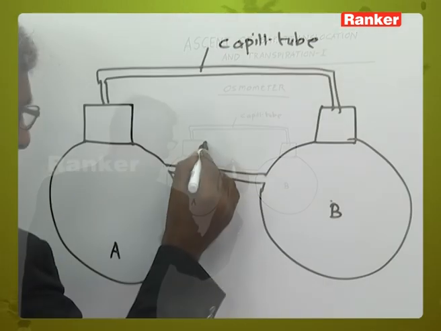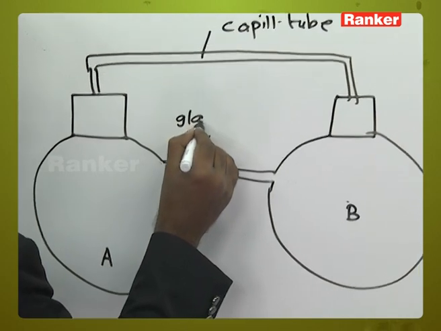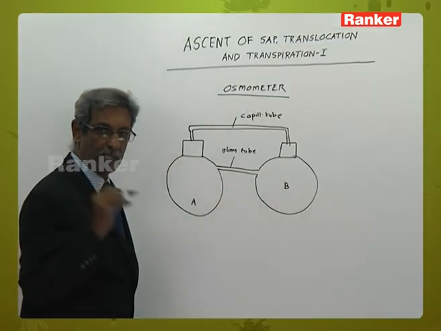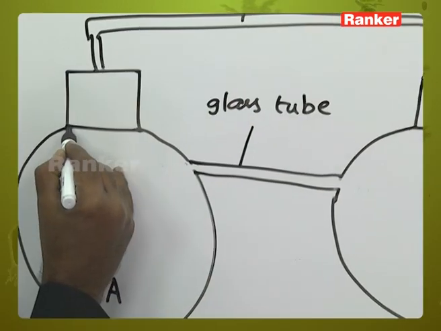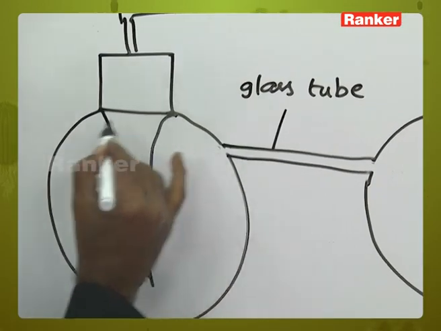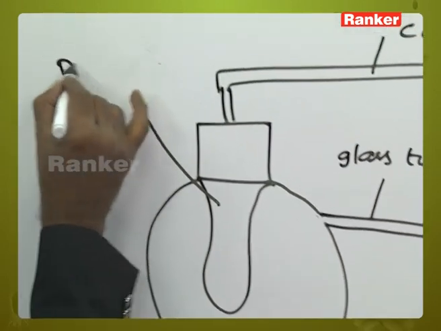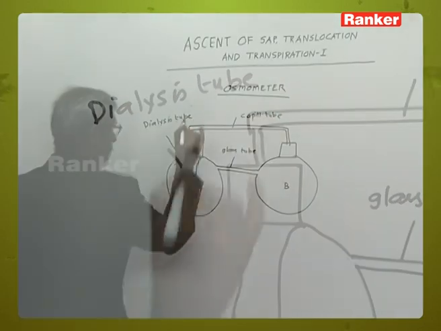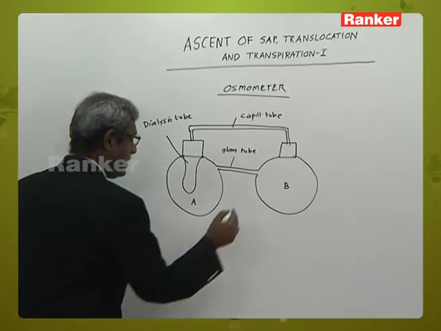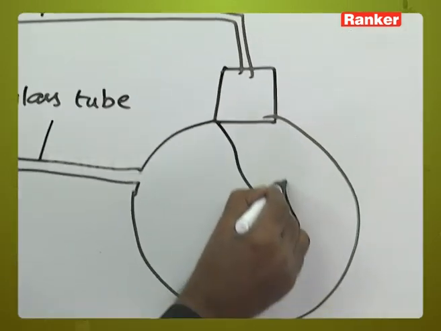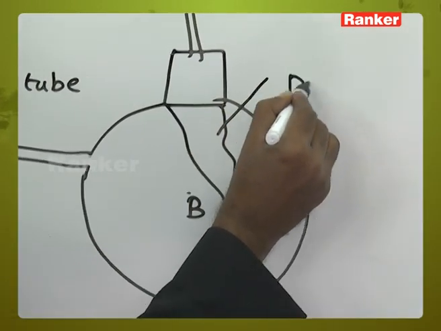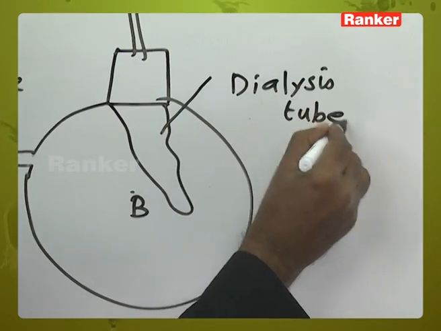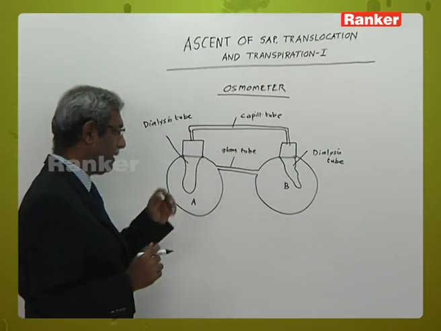So, this is a plastic glass tube. Parallel to this, in A we have a dialysis tube, and the same is the case in B. So, this is a model of an osmometer.